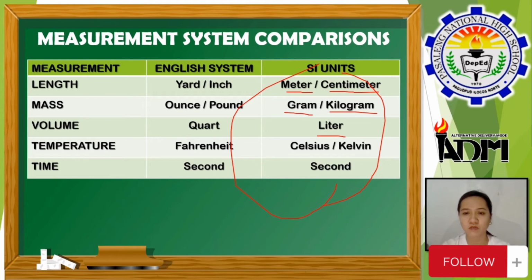Minom tayo ng mga soft drinks or whatsoever, and then Celsius. Ito yung ating degree. And then second. So, yung SI units talaga is, ito yung karaniwang ginagamit ng halos na lahat ng bansa, except for USA.